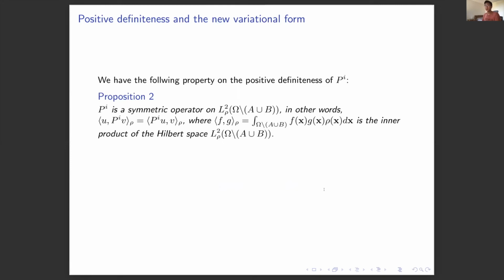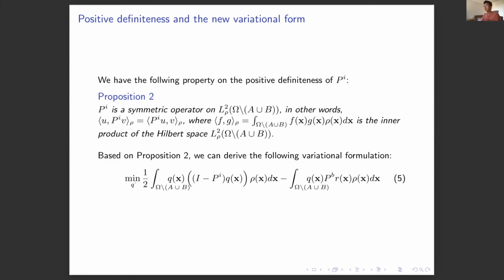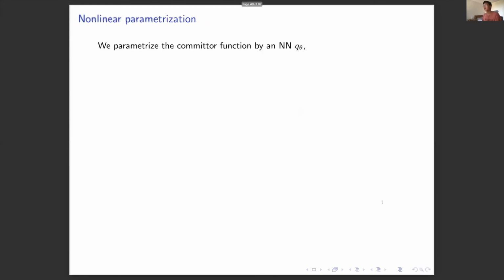So we also want to work on the variational formulation. So we need to prove positive definiteness of P_delta. And we can show that P_delta is symmetric on this L2 space weighted by the equilibrium distribution. So we can derive this variational formulation using the semigroup operators.